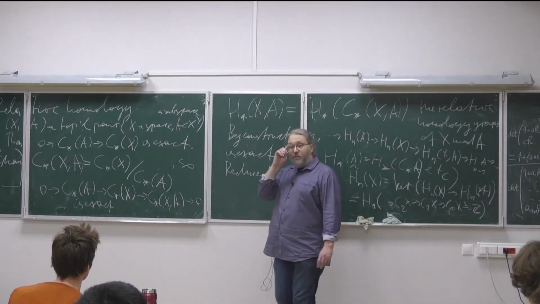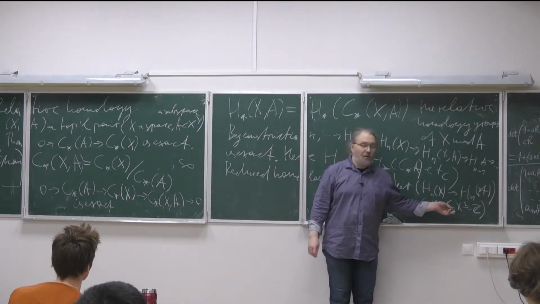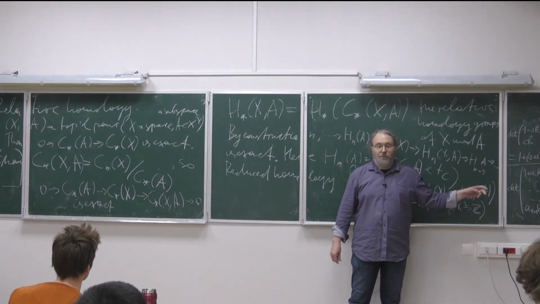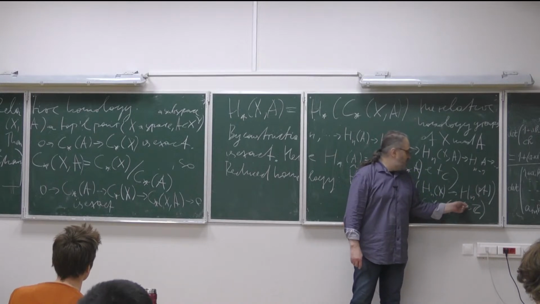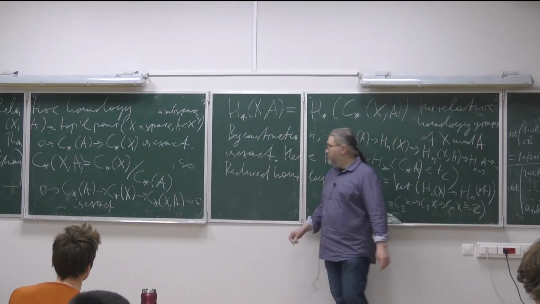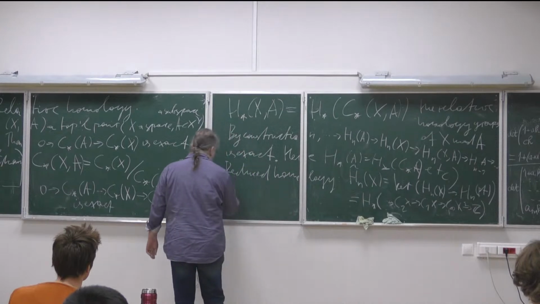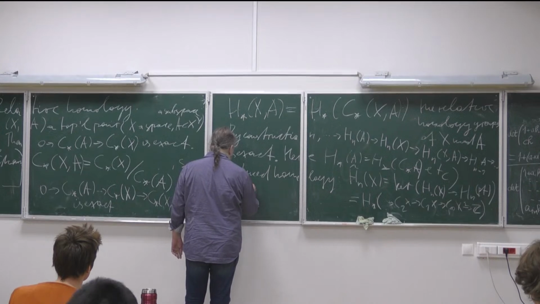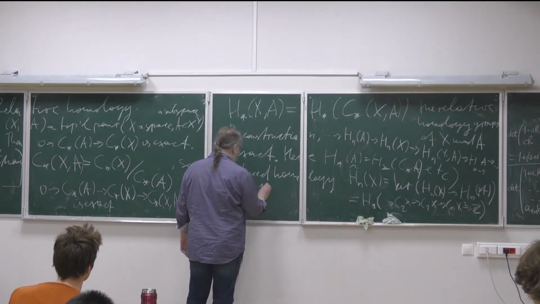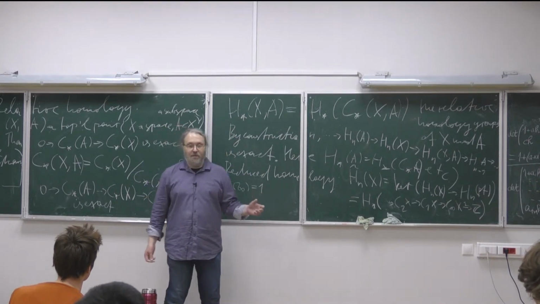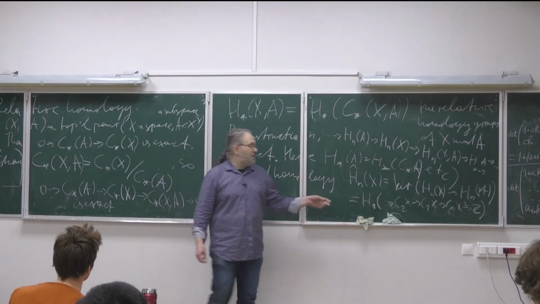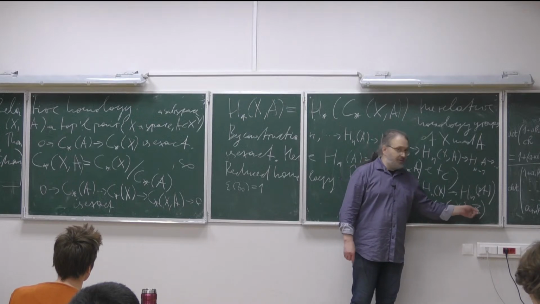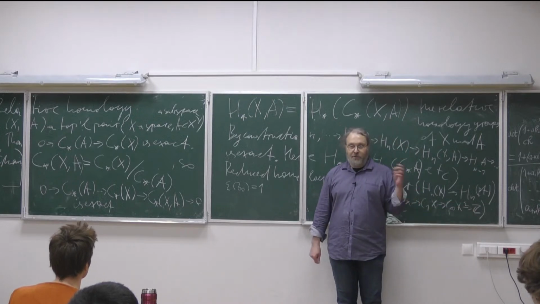We can take the singular chain complex and extend it one step to the right, where epsilon is the unique map from C zero of X to Z, which takes every generator to 1.